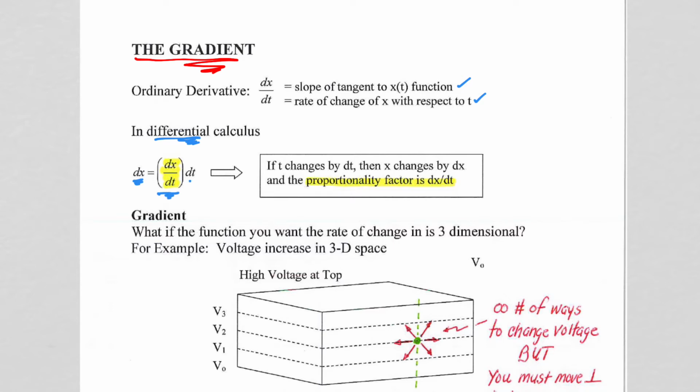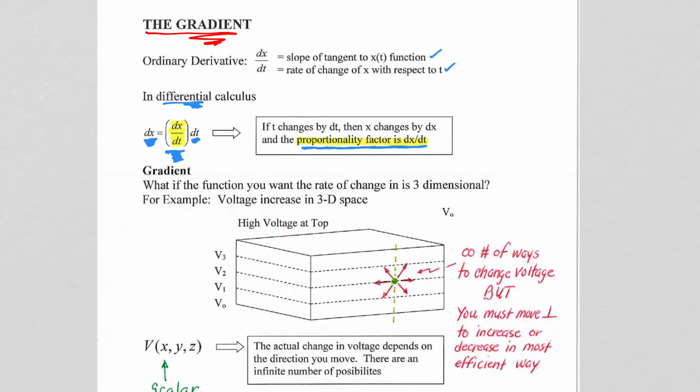We can understand that dx dt term as the proportionality factor that describes how much dx we get from a given dt. So in a given time increment dt, how much change do we get in x? Well, we get dx dt. That's our proportionality factor.